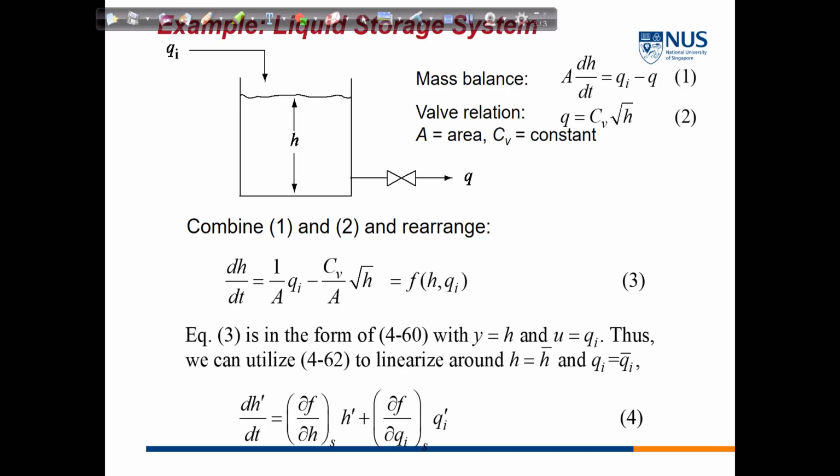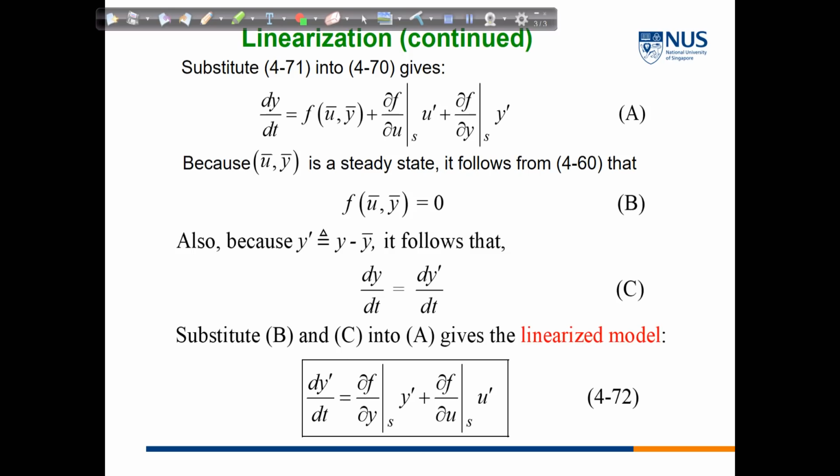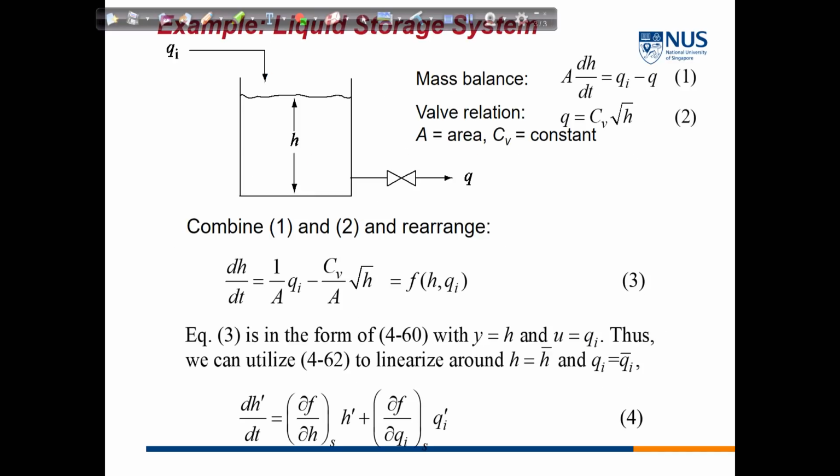Okay, so if we want to use our linearization method, as we just discussed, use this format to linearize the model, we will directly use dH prime/dt equals the evaluation at steady state multiplied by these two deviation variables. So this is the overall linearized model.